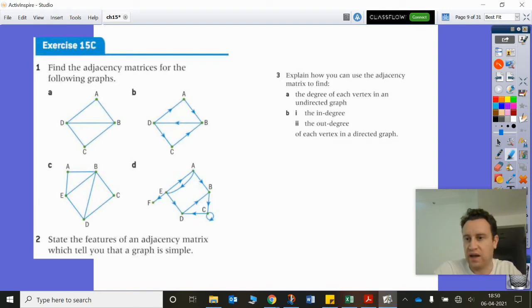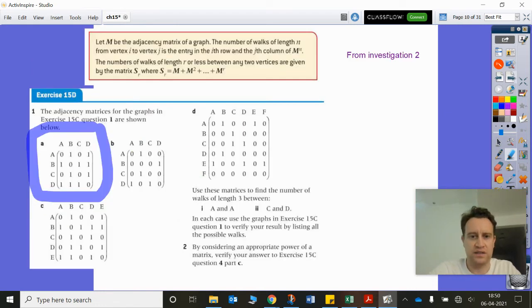You can't go back to A with just traveling one path. That would just be a loop in that case. So you can actually find out the actual walks much more easily from the graphs than from the adjacency matrices.